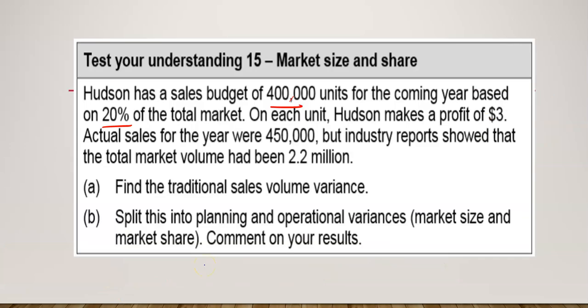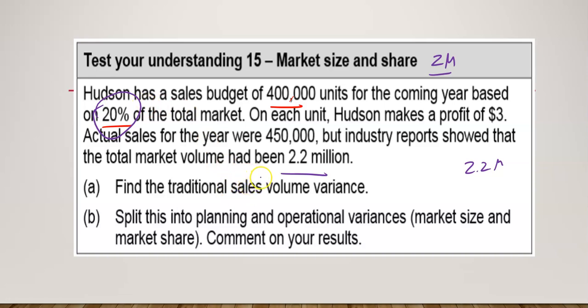The question says industry reports showed that the total market volume had changed. We expected 400,000 based on 20% of the total market, so the total market must have been assumed to be 2 million. But actually it went up to 2.2 million. If the market has increased, we should recalculate this 20%, as this is an old standard. This is very normal.